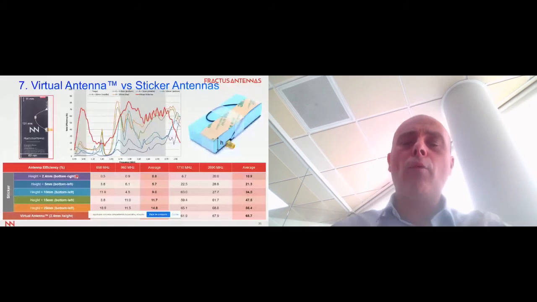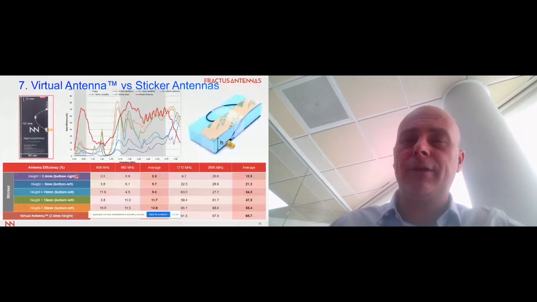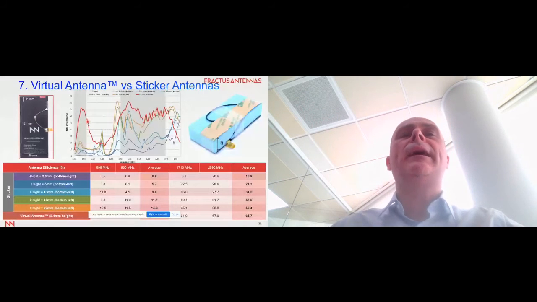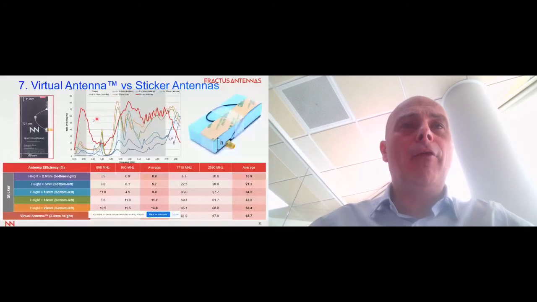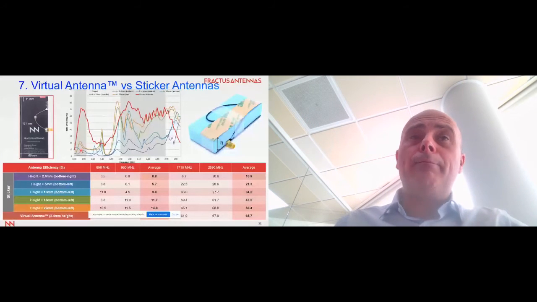This is one of the main conclusions. In the high bands, it's more or less the same, as it's less critical. But again, you can see in red that the performance of the virtual antenna is beyond that of the sticker antenna. This is the real advantage of this disruptive virtual antenna.